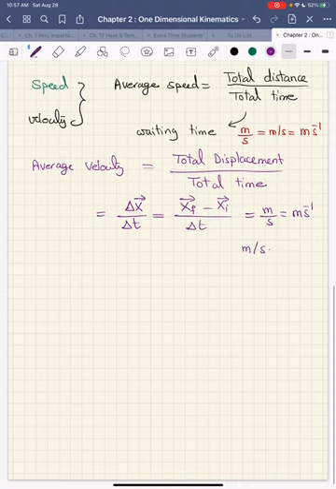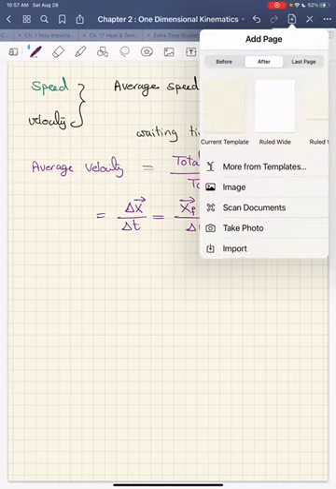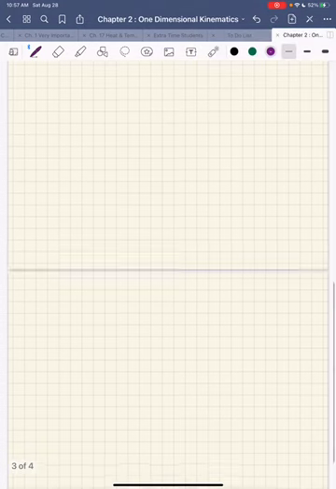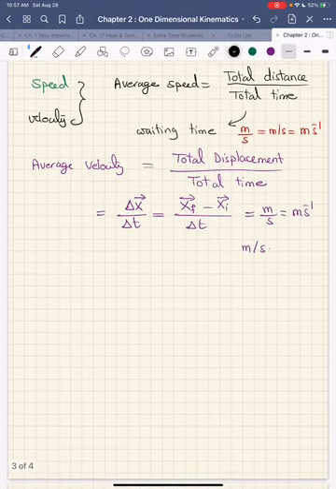Now, one of the things that I need maybe to say here: we are in physics, we are using graphs widely. Then I want to tell you some information about how we are going to read these graphs and know something about the motion of the object.